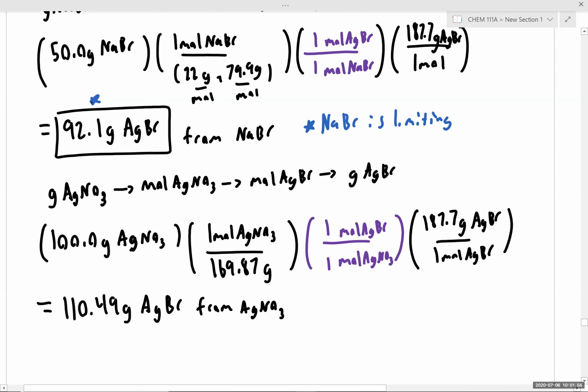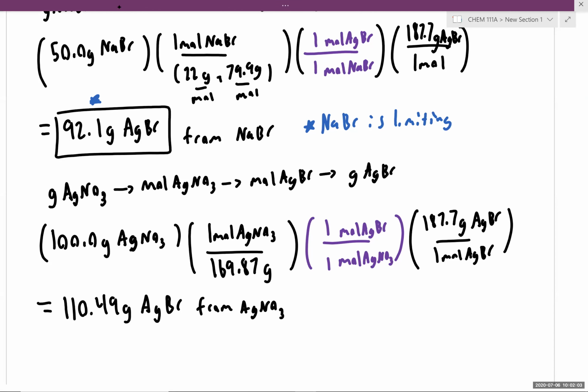So this 92.1 grams is the mass of product that is actually generated. Okay, we're going to use that information.